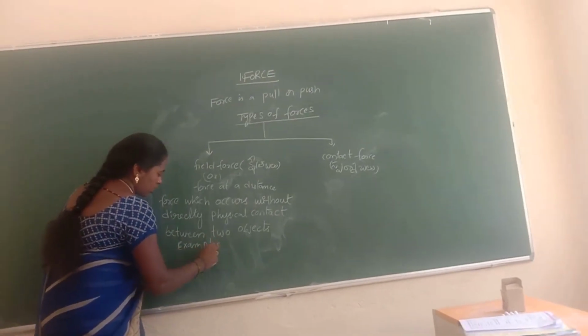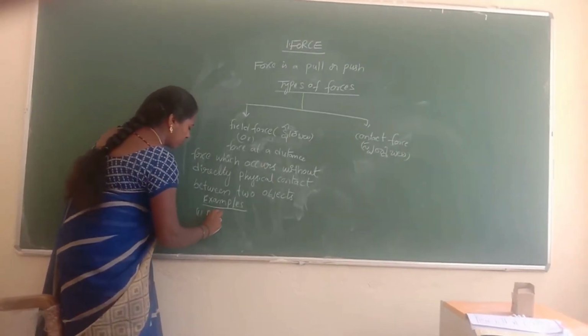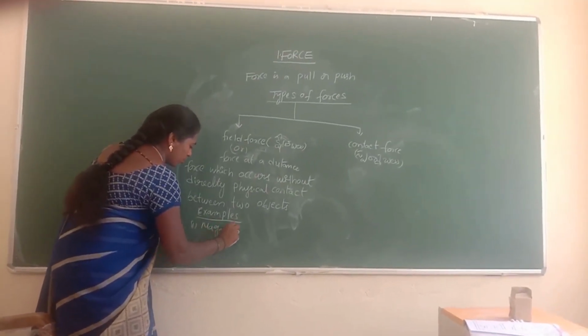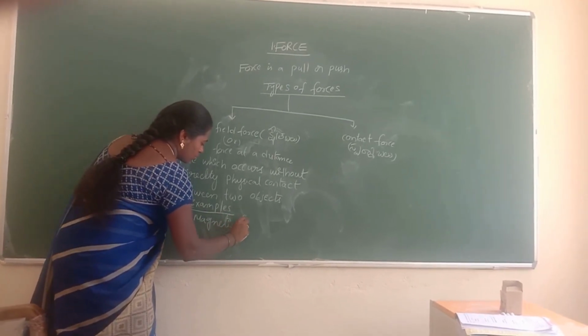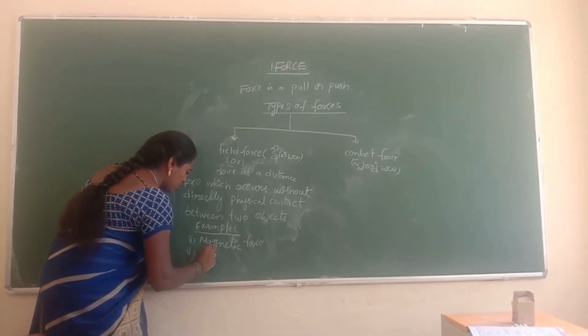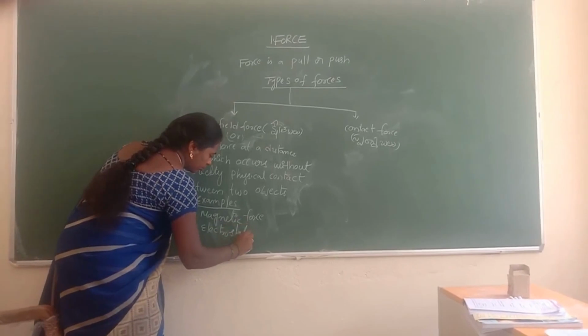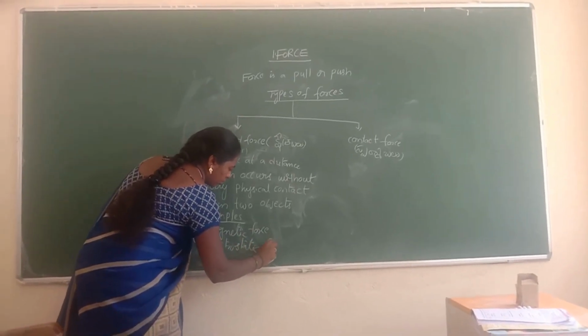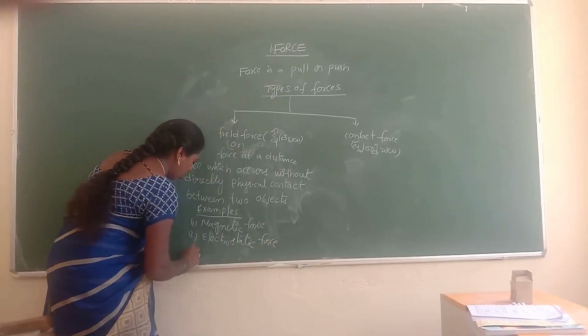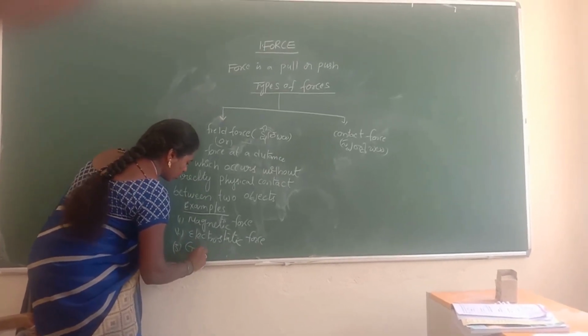Examples of field force: the first one is magnetic force, the second is electrostatic force, and the third is gravitational force.